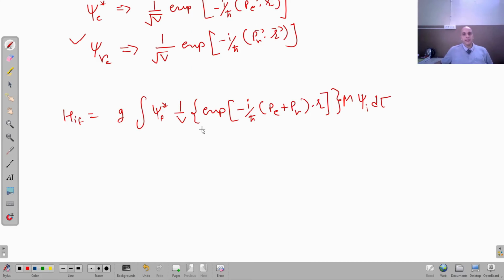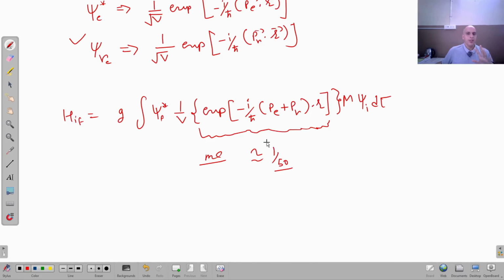Now we simplify this exponential. We put the values of the electron momenta and neutrino momenta, which are usually of the order of mc, mass and the velocity of light. Then we found that this exponential factor is nearly equal to 1 upon 50.